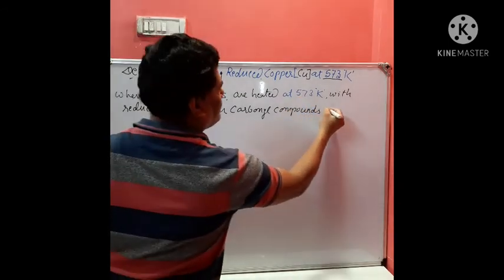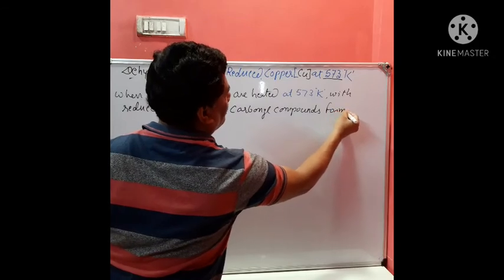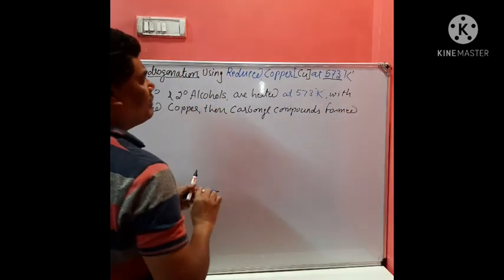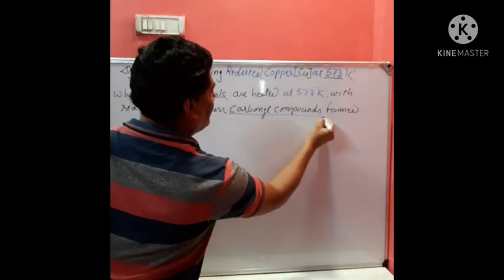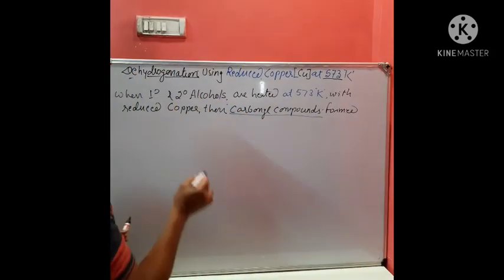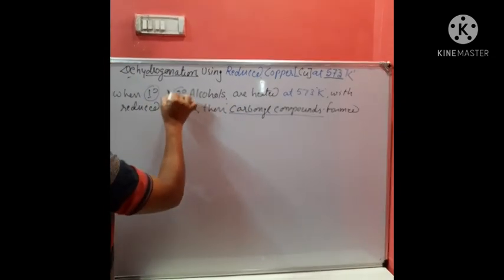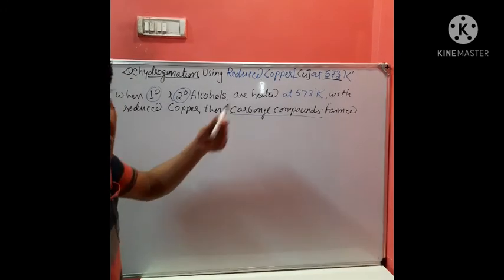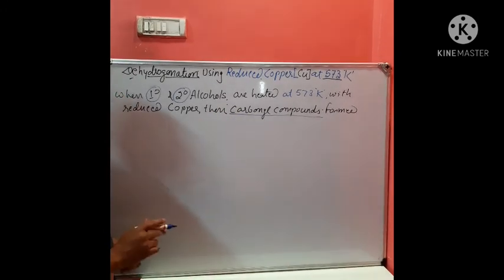Carbonyl compounds are formed. Now, the carbonyl compounds are of two types, aldehydes and ketones. And I told you here, when primary and secondary alcohol. So which carbonyl compound will form depends on the alcohol.